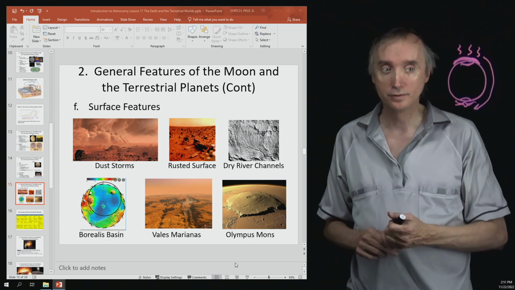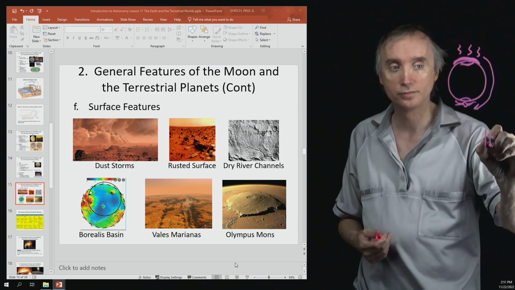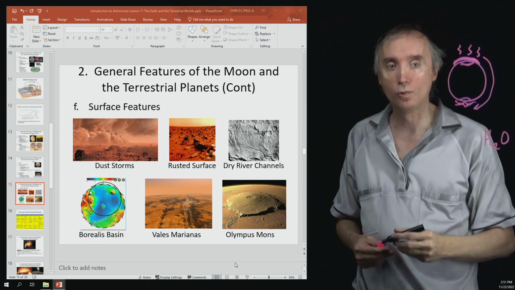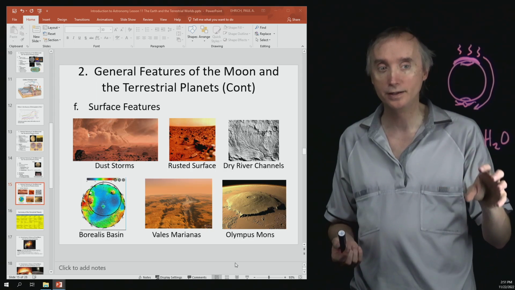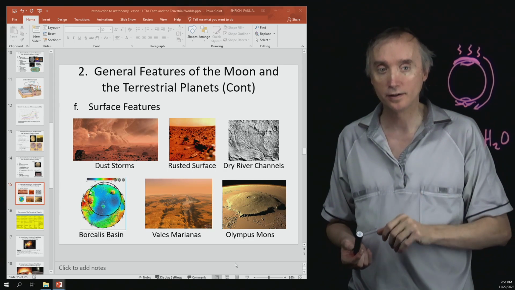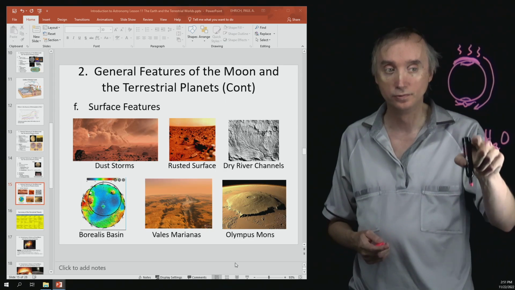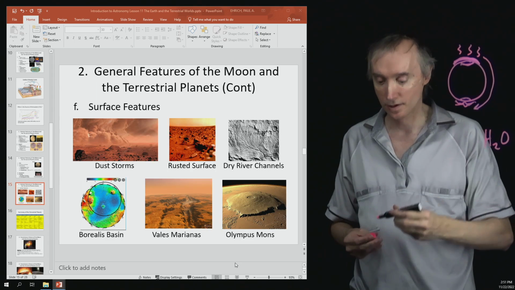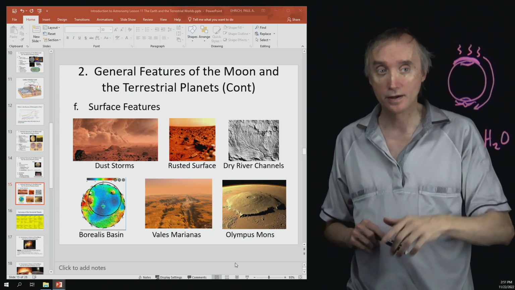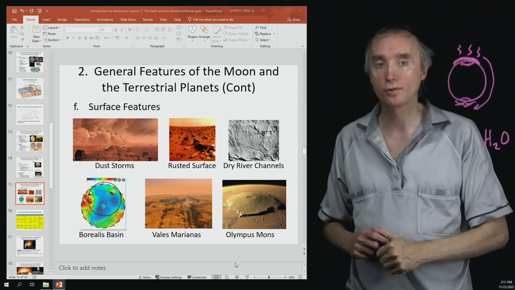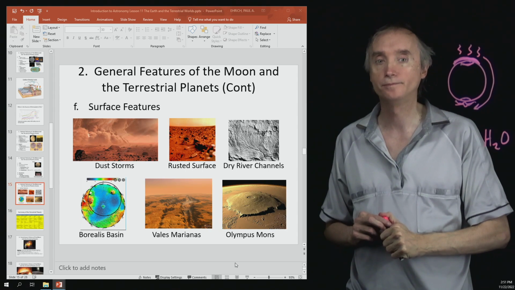So water is H2O. So when water gets into the atmosphere, it can be broken apart by lightning or by ultraviolet light into hydrogen and oxygen. And then the hydrogen escapes, and then the oxygen can combine with the rocks to make rust.